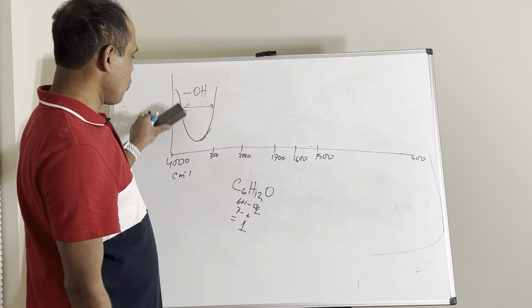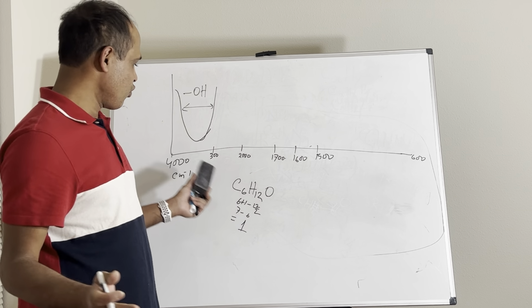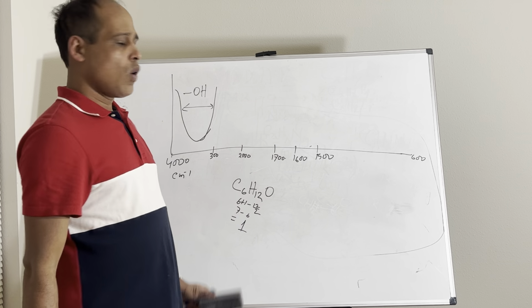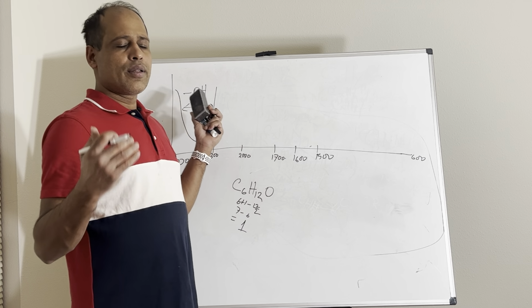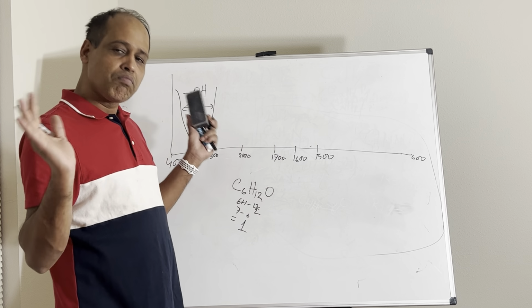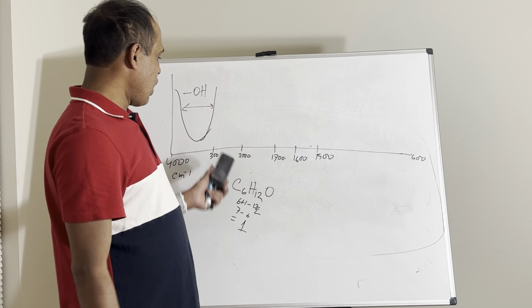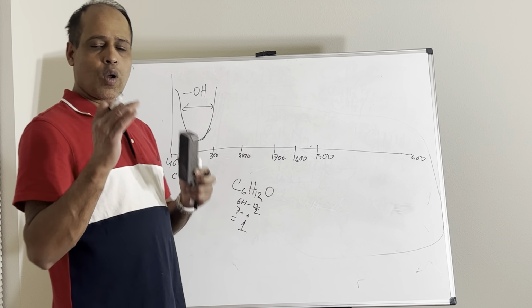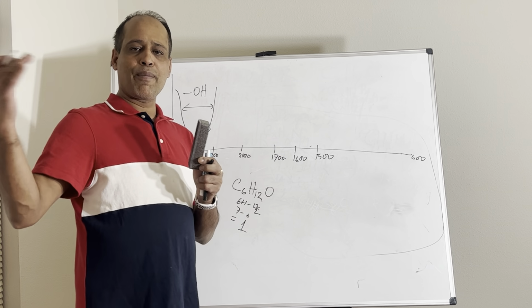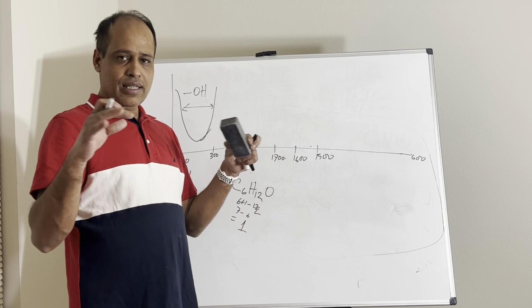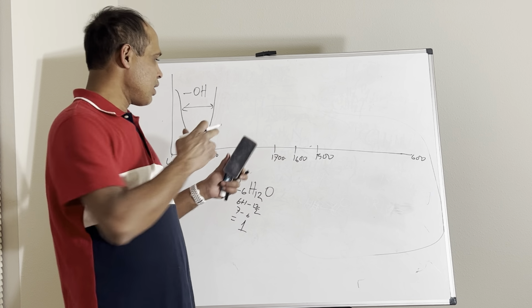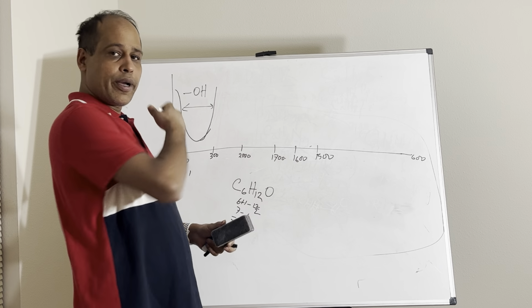If you see a broad peak around 3500 to 3000, you can say yes, it is an alcohol. Why is the alcohol peak broad? Because alcohol can form intramolecular or intermolecular hydrogen bonding. Since it can form hydrogen bonding, its stretching always shows a broad peak.